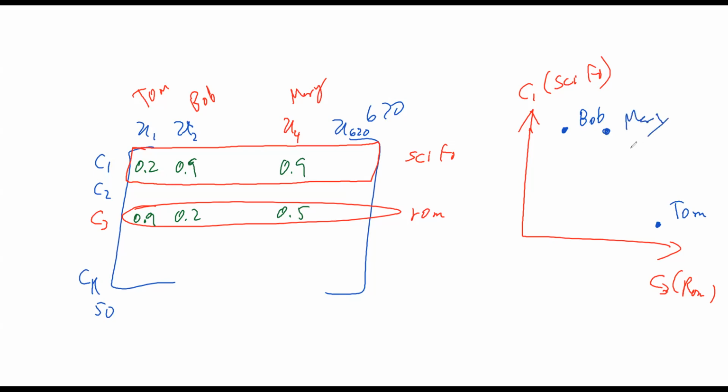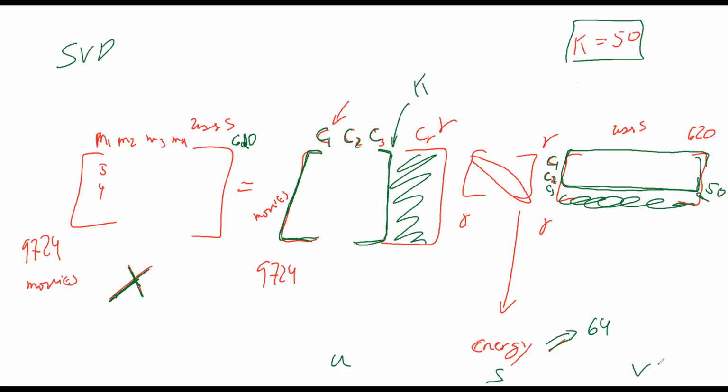So again, you want to recommend some movies, right? You know the movies that Bob and Mary and Tom have rated. You have that from the X matrix, because for every user, yeah, this was wrong.